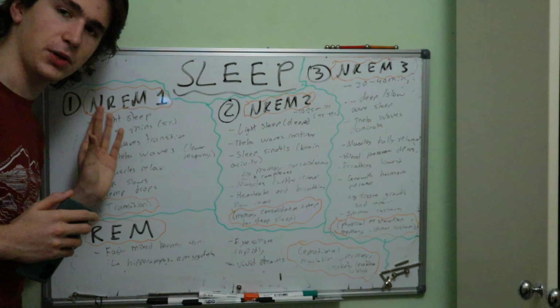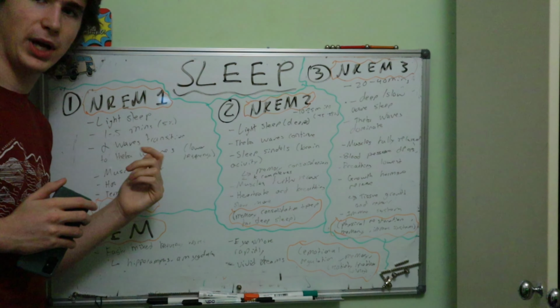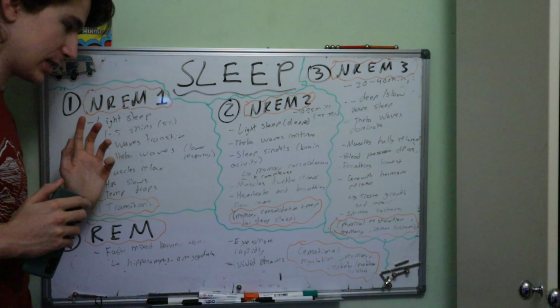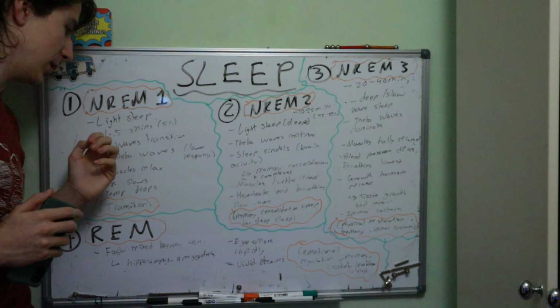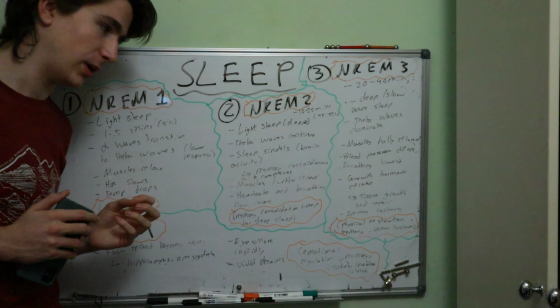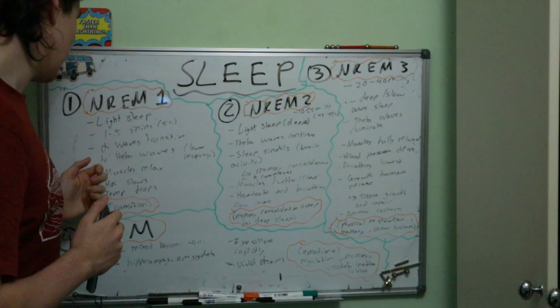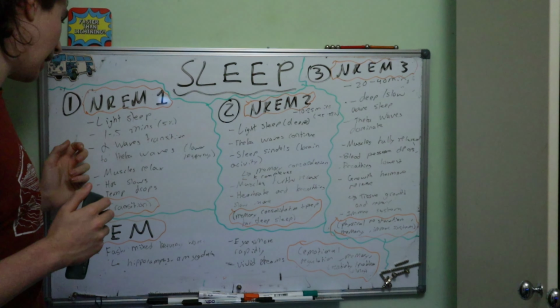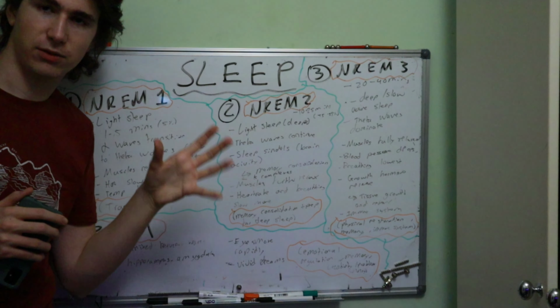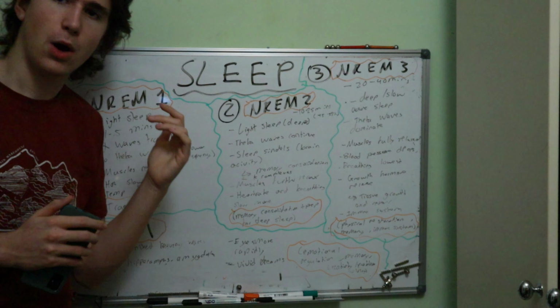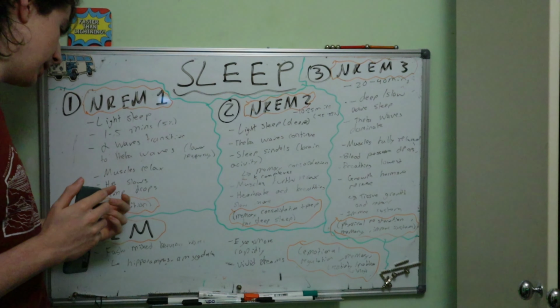At the beginning you've got the first stage, which is called NREM 1, non-rapid eye movement 1. Here you've got light sleep. It's between 1 to 5 minutes in the sleep cycle, which is about 5% of your sleep cycle. And then you've got alpha waves, which is what you've got when you're awake, transition towards theta waves, which are lower frequency brain waves.